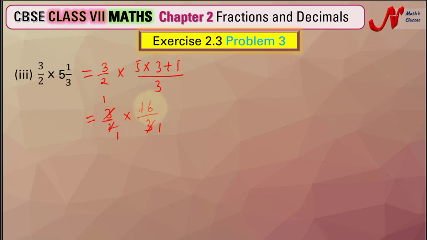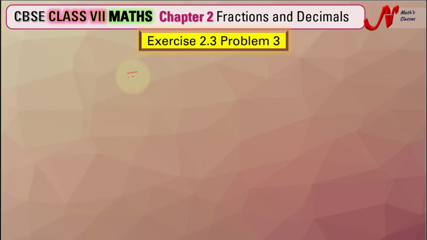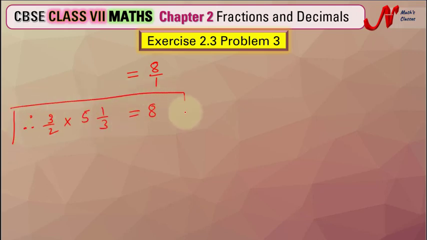Here 2 ones are 2 and 2 8s are 16, which is equal to 1 by 1 into 8 by 1, which is equal to 8 by 1. Here 8 by 1 can be written as 8. Therefore 3 by 2 into 5 1 by 3 is equal to 8.